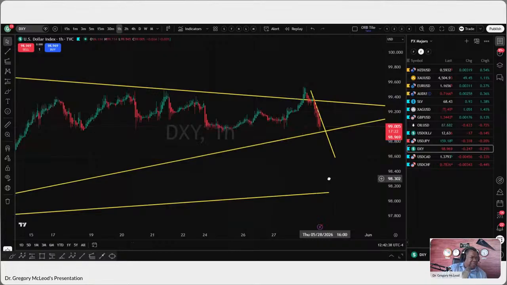So we haven't seen the pound move as far as the euro because of that little drag, but it's still positive for the day, up 0.13%.